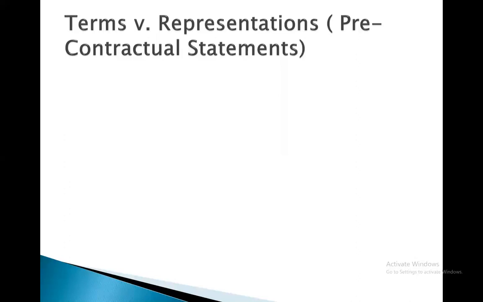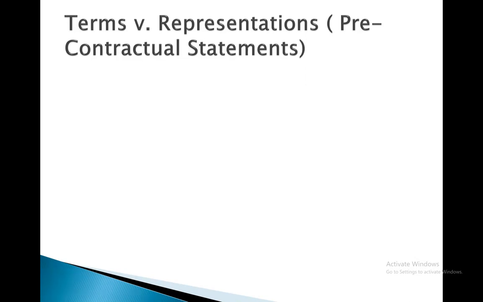In other words, how do we classify pre-contractual statements? When I say pre-contractual statements, as the word indicates, pre means before.